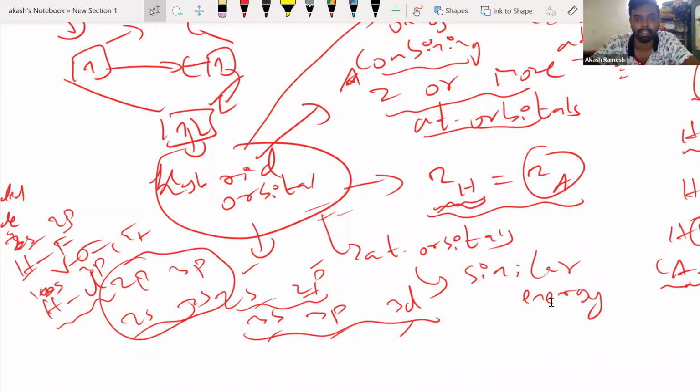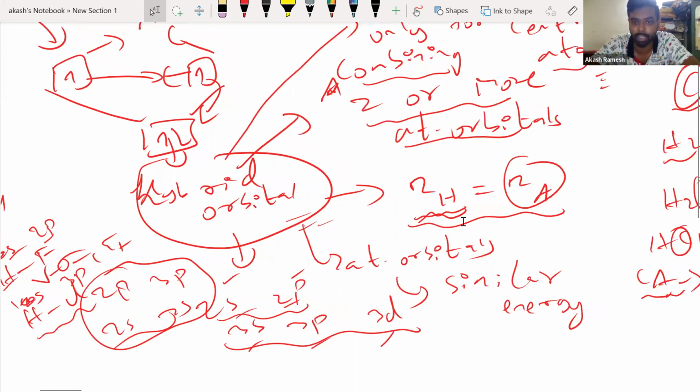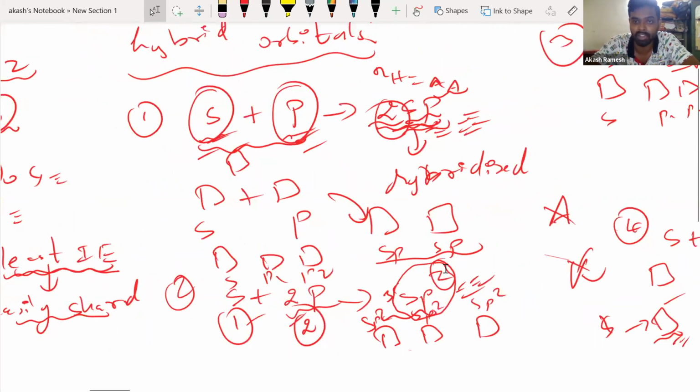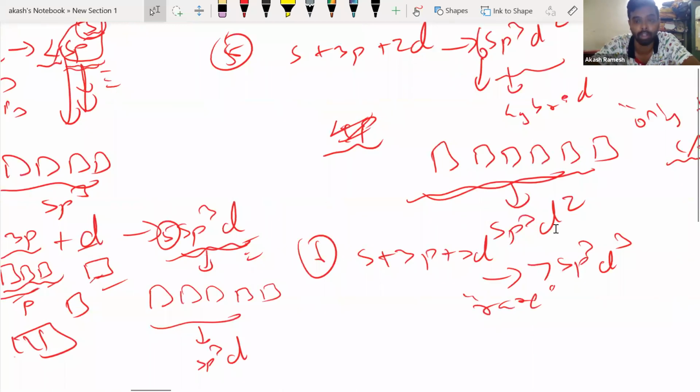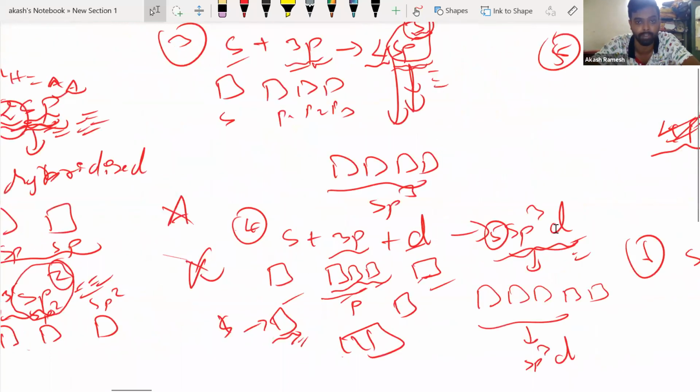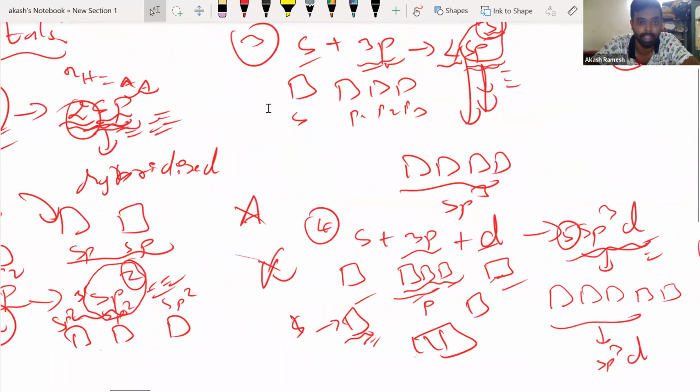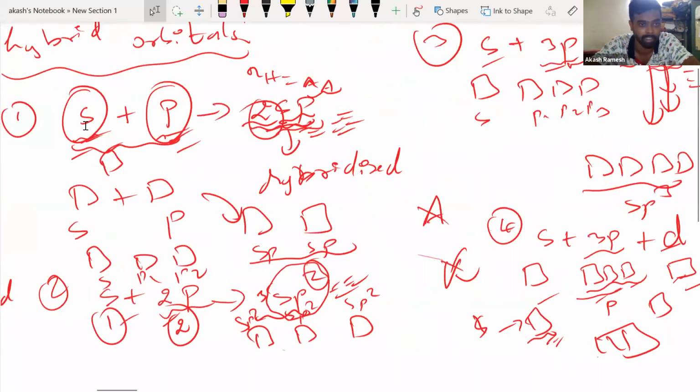Okay. Then we saw the different types of hybridization I can have. I can have sp, sp2, sp3, sp3d, sp3d2, sp3d3 hybridization, depending on how many s orbitals, p orbitals and d orbitals are combining. For example, in sp hybridization, I can easily understand that there is going to be one s orbital and one p orbital.